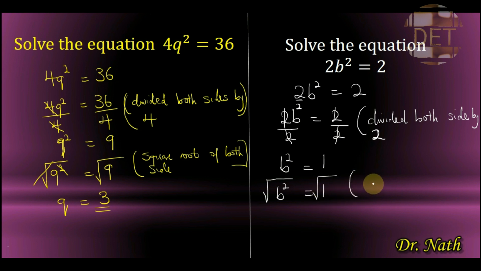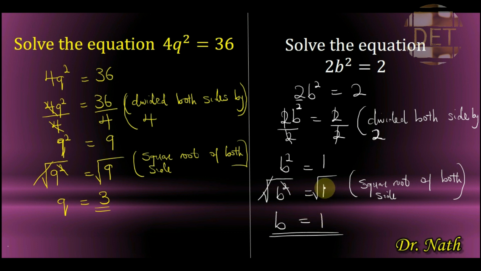What I did here is that I looked for the square root of both sides of the equation. So this square will cancel the square root. That will make my b stand alone, and the square root of 1 is equal to 1. So this is the answer to this question.